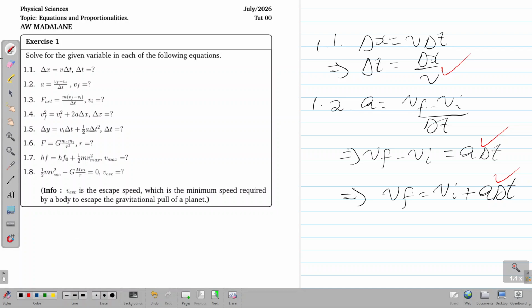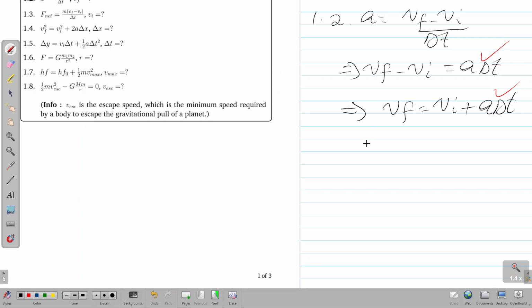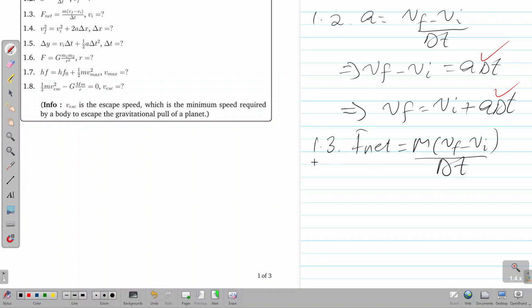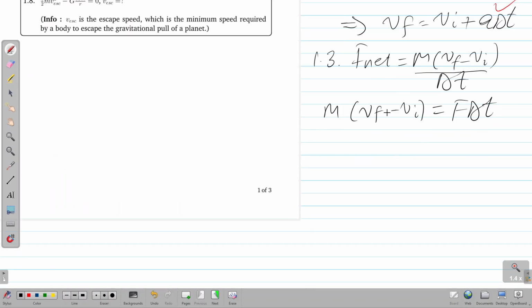Okay, and then let's go to 1.3. 1.3, F net is equal to mass times v final minus v initial over delta t, and we're asked to solve for v initial, so we'll do the same thing, and again be comfortable with this procedure. v final minus v initial is equal to F delta t over mass.